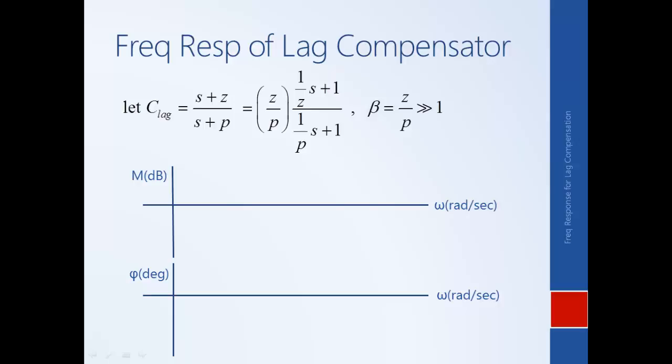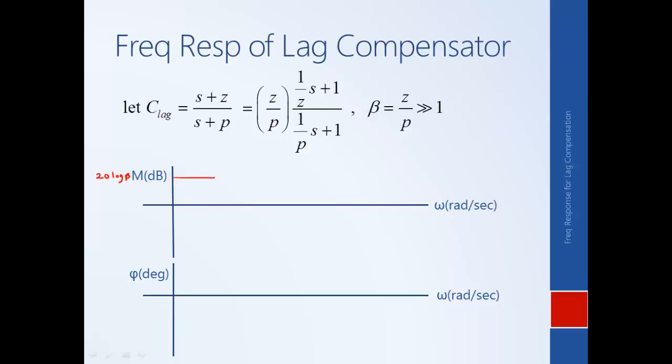But looking at this, these have a DC gain of 1 or 0 dB. So at low frequencies, this determines the magnitude of the Bode plot. Specifically, if we change it to decibels, it's equal to 20 log of z over p, or 20 log of beta.